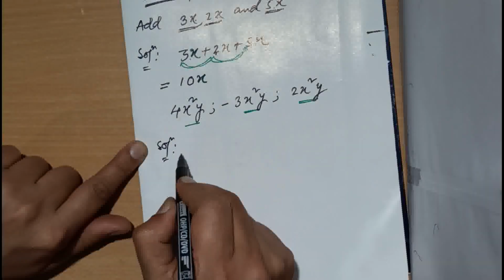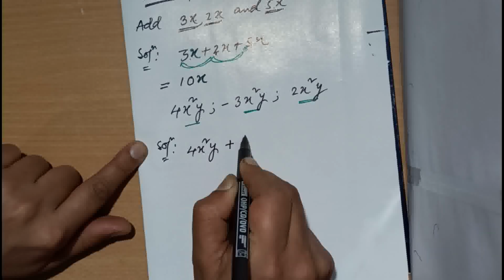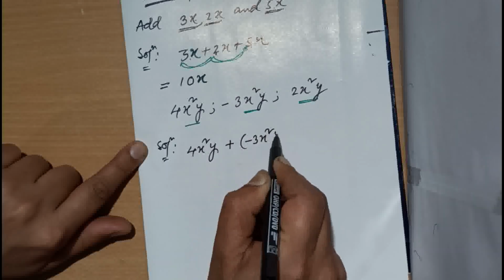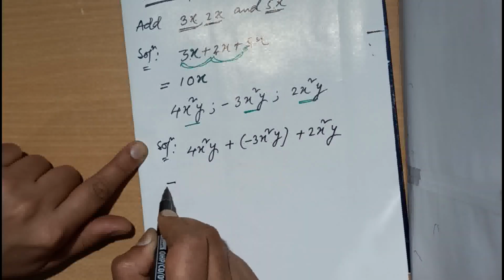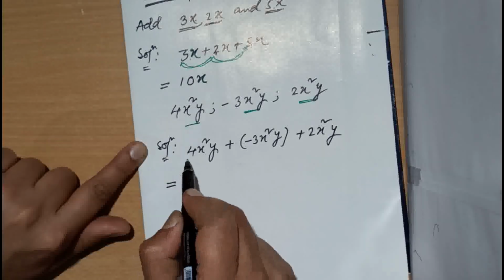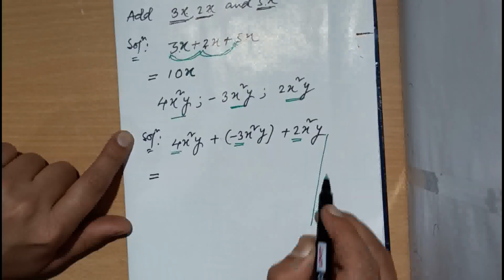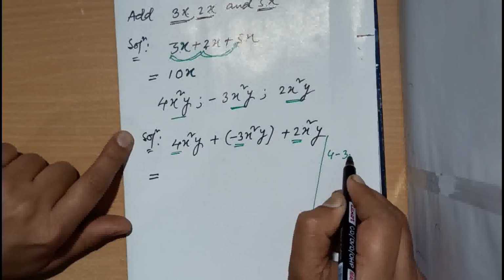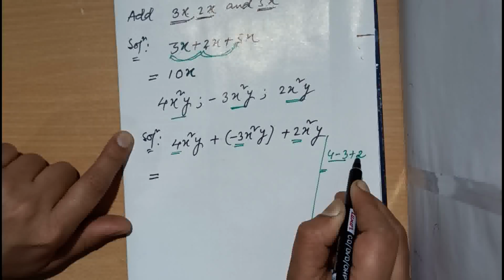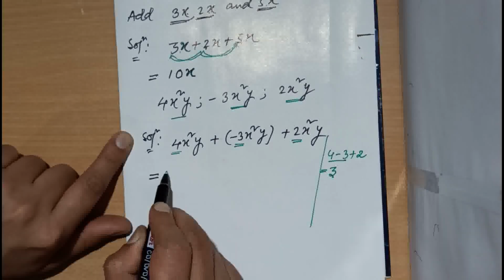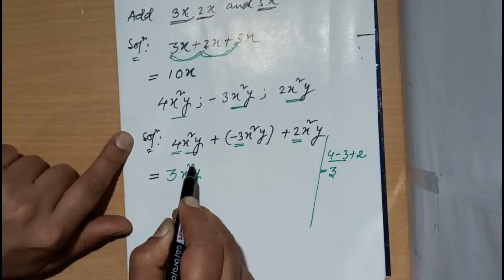Now we can add them: 4x square y plus minus 3x square y plus 2x square y. Now it is only the addition of numbers. 4 minus 3 is equal to 1, plus 2, total 3. So the answer is 3. After that you write x square y. Finished.